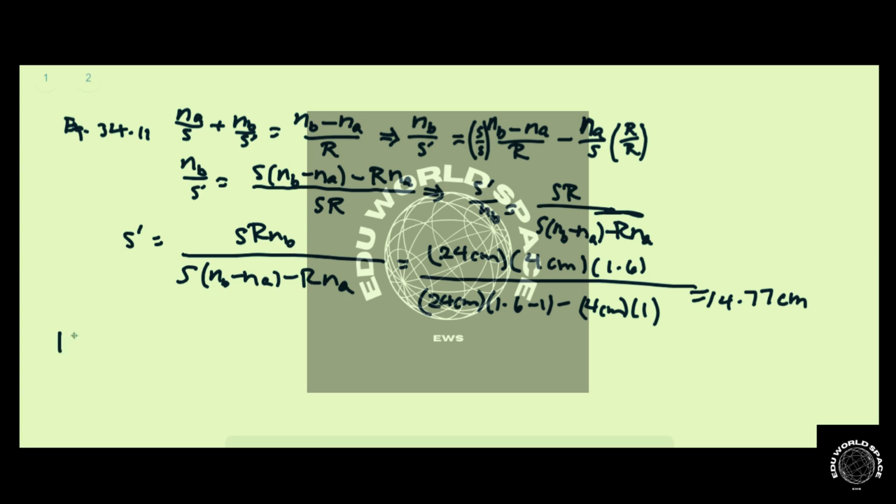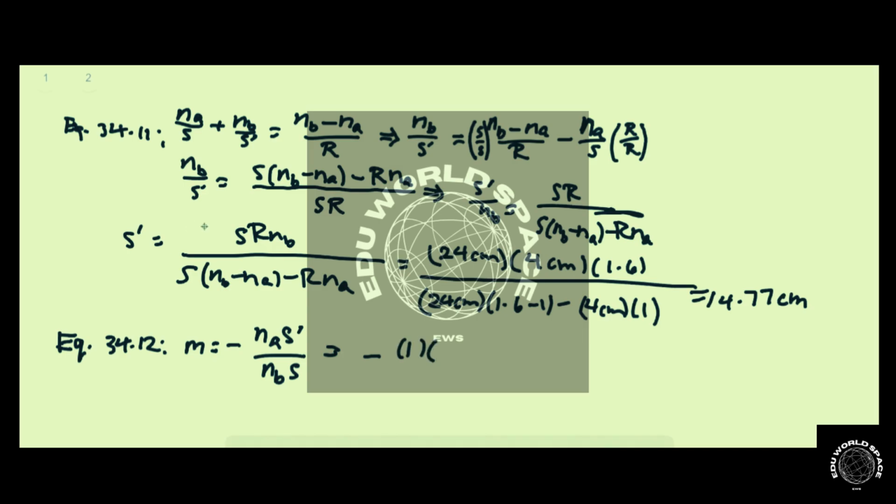And now we can find the second part by using equation 34.12, which tells us that magnification m is equal to minus Na times S prime over Nb times S. So we have a negative Na, which is just 1.